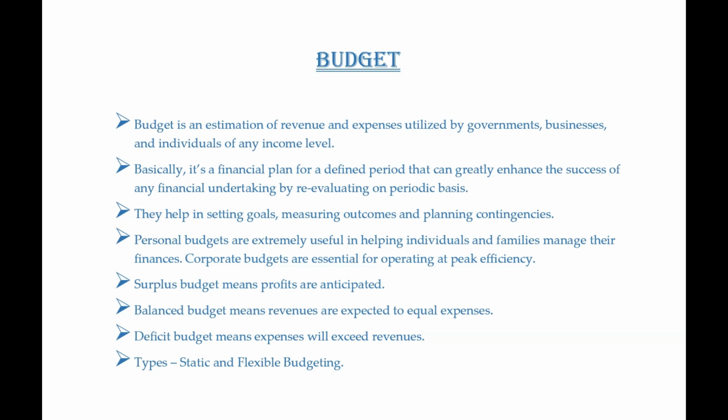Basically, flexible budgeting is most widely used in corporate budgeting because of the ups and downs, market trends, how the business runs, how the supply chain behaves, what kind of orders they make, and what kind of profits or loss they face. There are so many factors. Static budgets are mostly used by individuals for personal budgets. They know this is the income level and these are the fixed expenses.